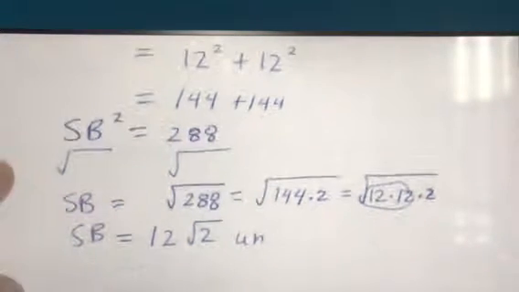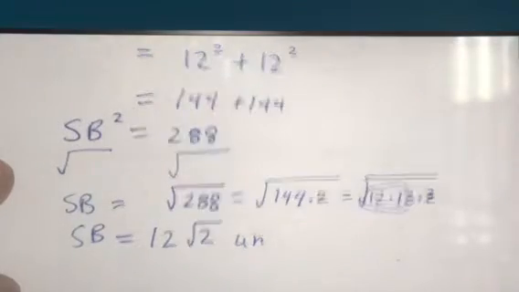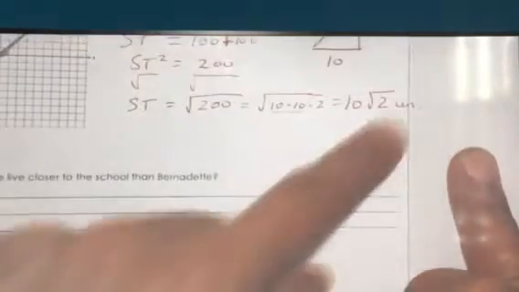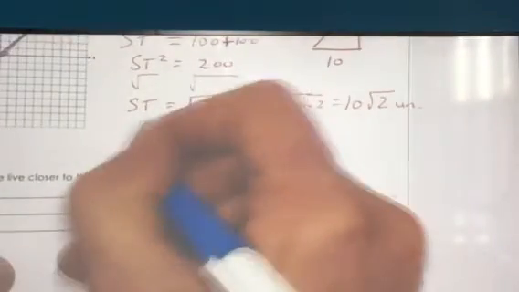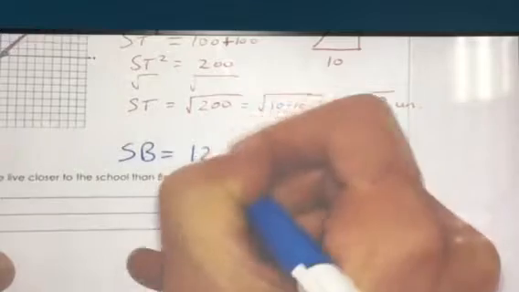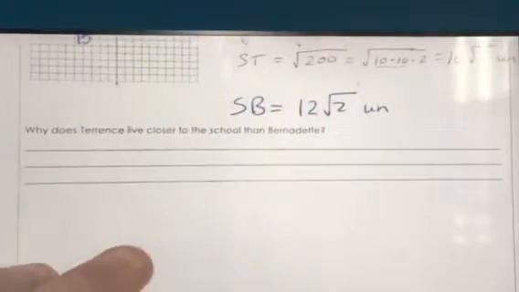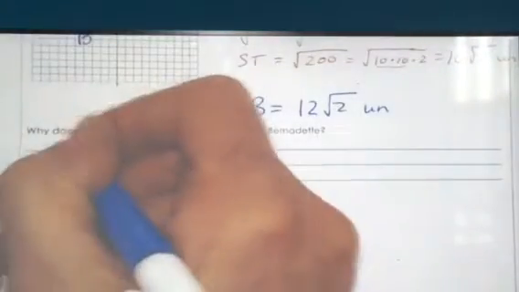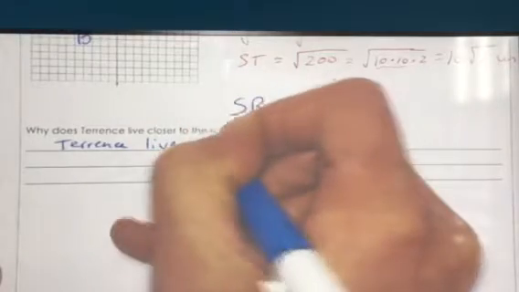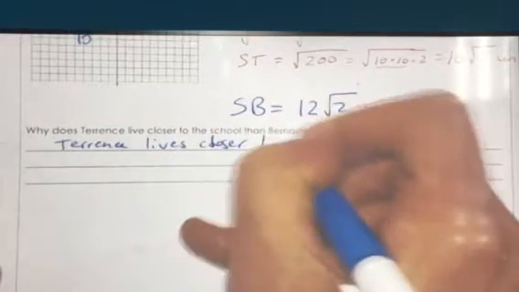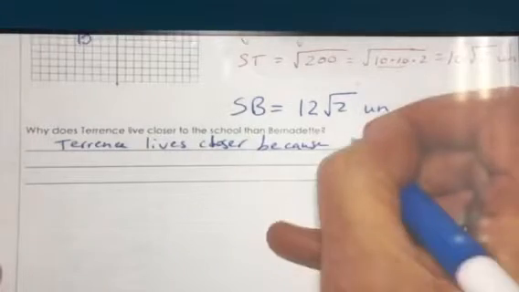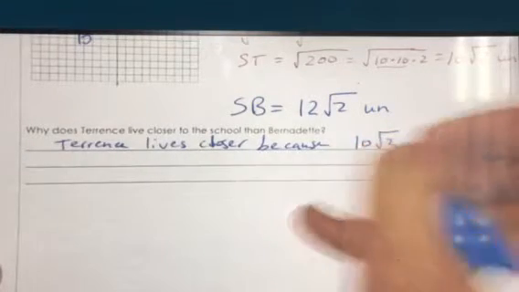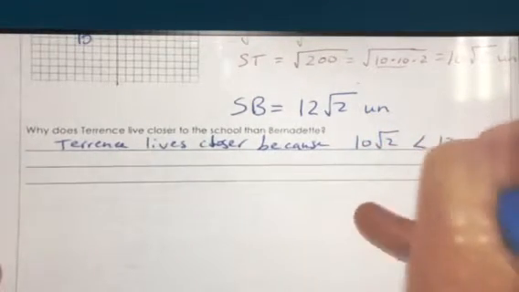So now we're comparing 12 times the square root of 2 with 10 times the square root of 2. So we could say that Terrence lives closer because 10 times the square root of 2 is less than 12 times the square root of 2.